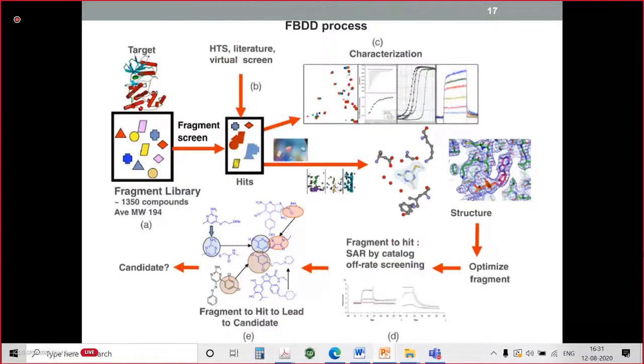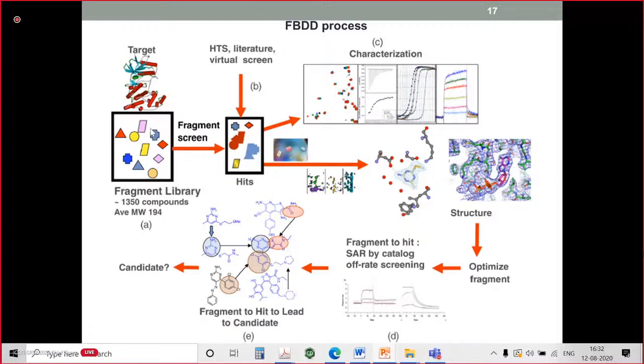It begins with the fragment library. This is how fragment libraries are either designed, prepared, or maybe commercially obtained.